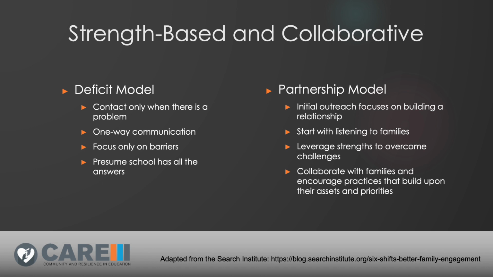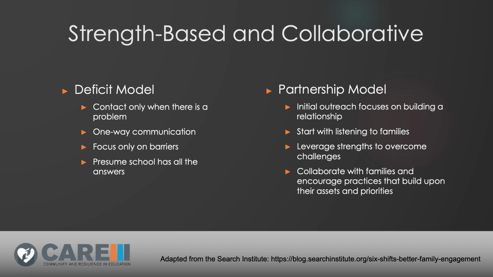So we want to shift that thinking to that partnership model, which is more collaborative. So we want to have outreach that is initially focusing on building a relationship. So we want to be preventative. We don't want to make the phone call only, or the contact with the family only, after there's a concern for attendance. We want to have had a positive interaction with the family prior to that.